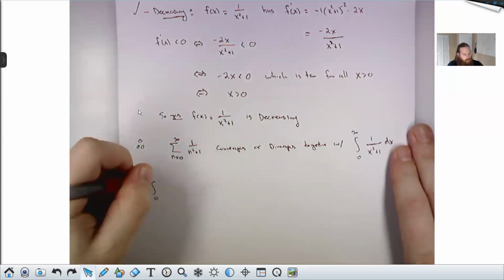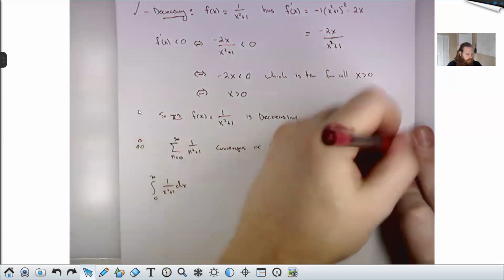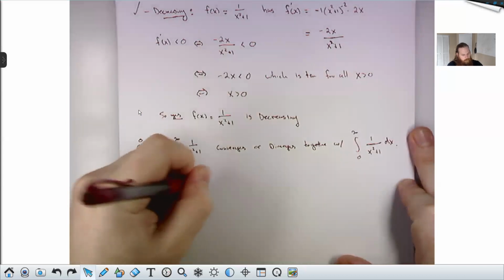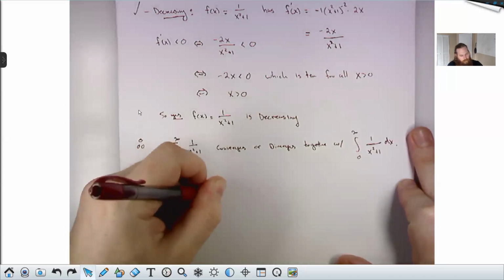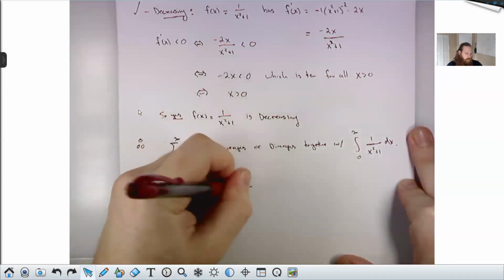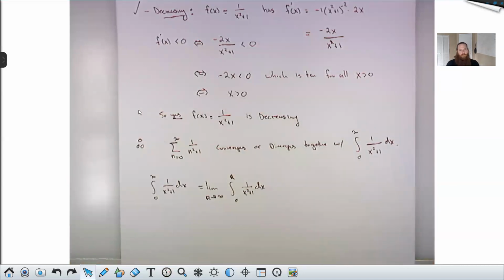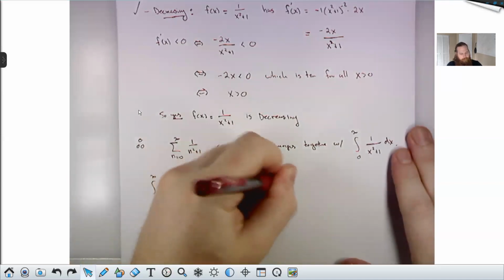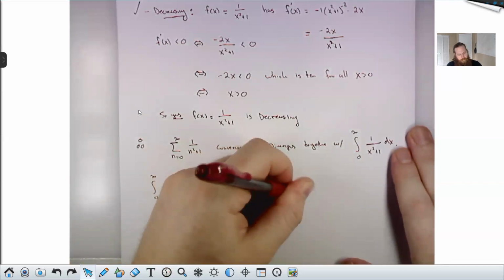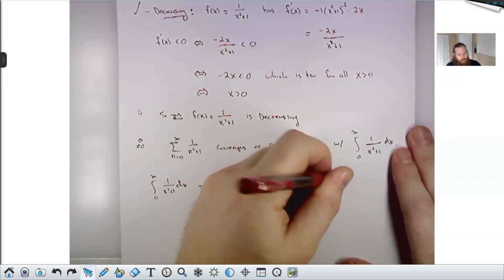The integral from 0 to infinity of 1 over x squared plus 1 dx is equal to the limit as r goes to infinity of the integral from 0 to r of 1 over x squared plus 1 dx. Always our first step with improper integrals is to write as a limit. An antiderivative for 1 over x squared plus 1 is the inverse tangent of x.